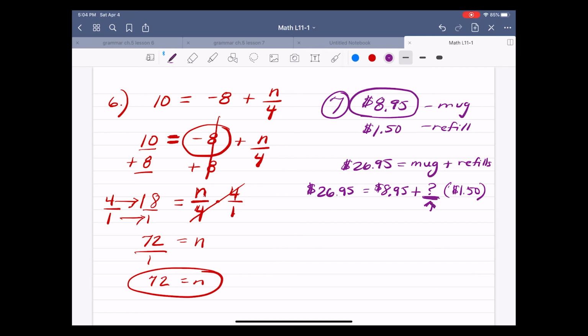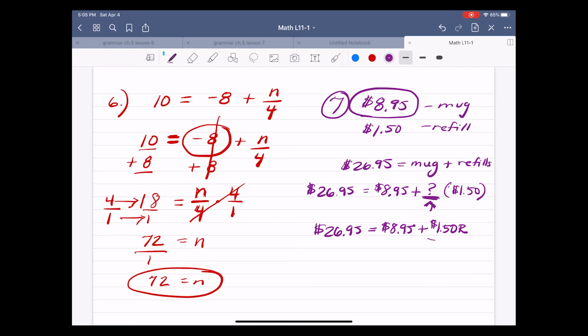So we're going to assign refills. Let's call it R for refills. So our new equation looks like this. $26.95 equals $8.95 plus $1.50 R for refills. And now we have our equation and we can figure out how many refills she got.